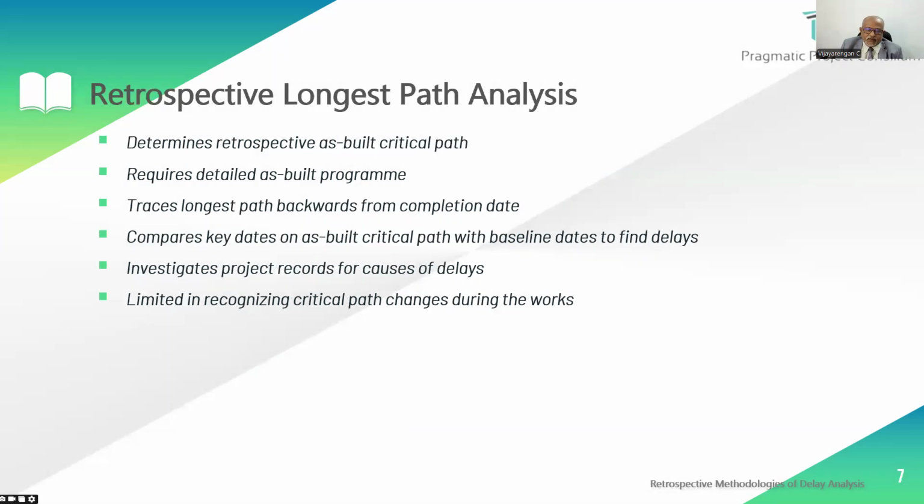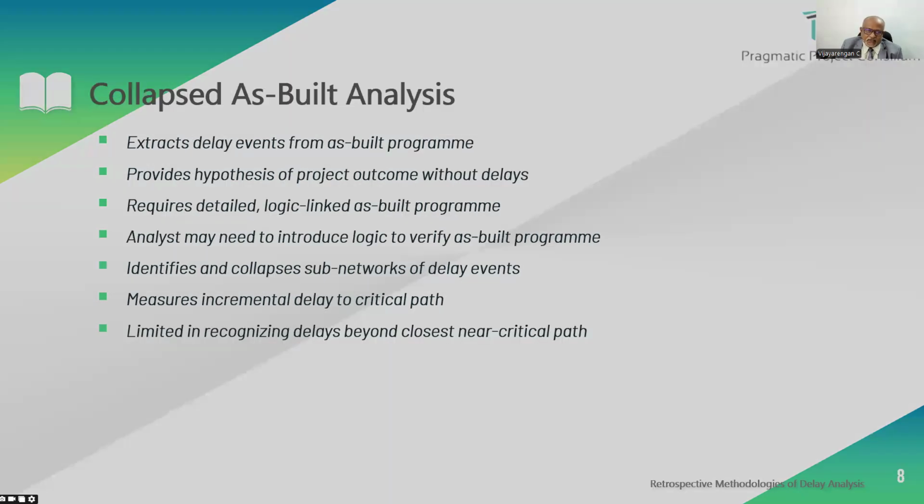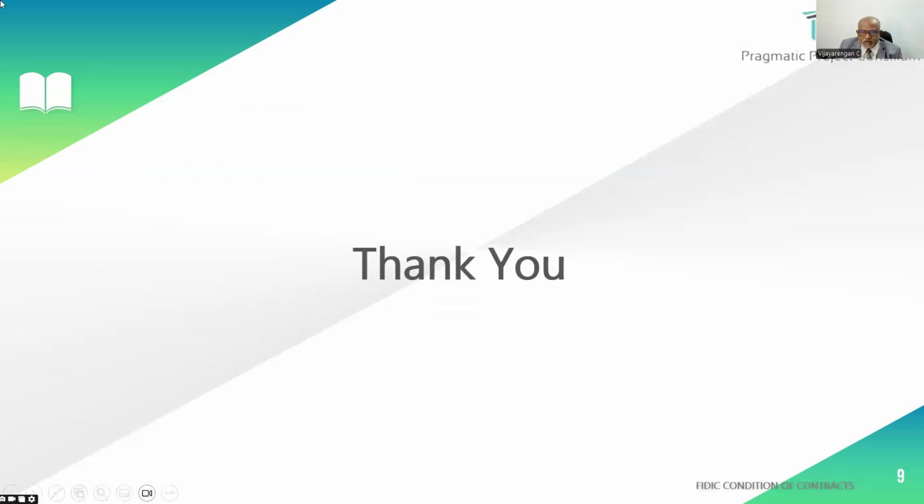And coming to the retrospective longest path, a detailed as-built program of what has actually happened, and that way we are going to analyze in reverse the critical activities in the original scenario. And last and least, the collapsed as-built analysis: we need the logic linking what had happened. Thanks a lot for your valuable time. Bye.